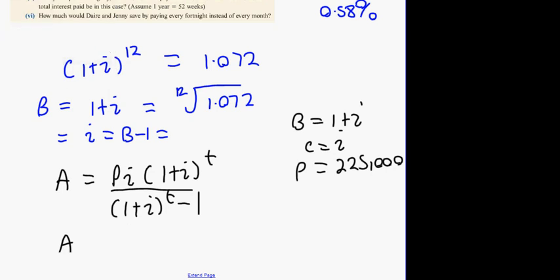So the P amount is 225,000, and then we have our letter C.